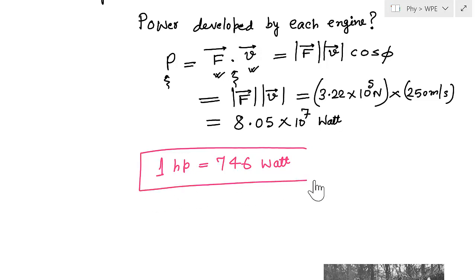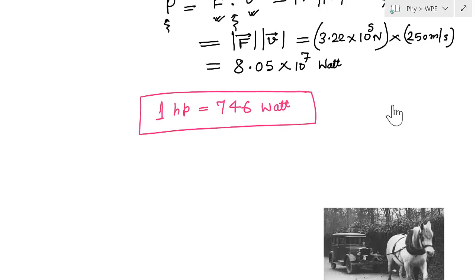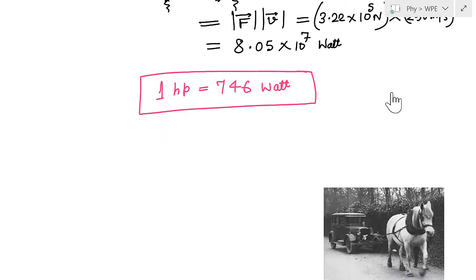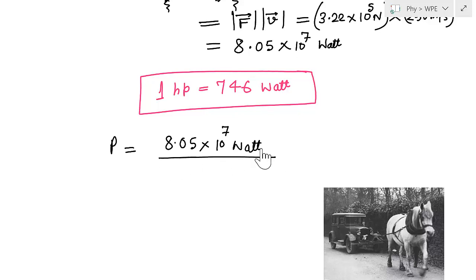So now I can use this conversion factor, that is 1 horsepower is equal to 746 watt, and we can find power in horsepower. Power was 8.05 times 10 to the power 7 watt. And then if I divide this by 746 watt, horsepower will go on the top.